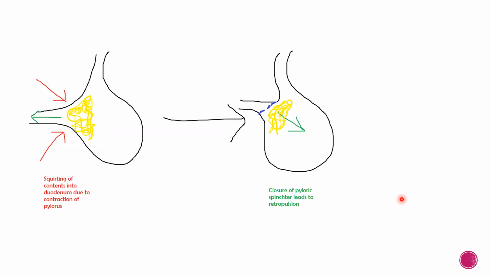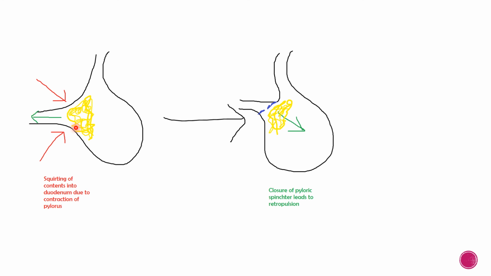so let's look at this diagram. Here you see the contents are moving towards the pylorus from the antrum. There is contraction of this pylorus. As a result, some amount of this yellow content goes into the duodenum.